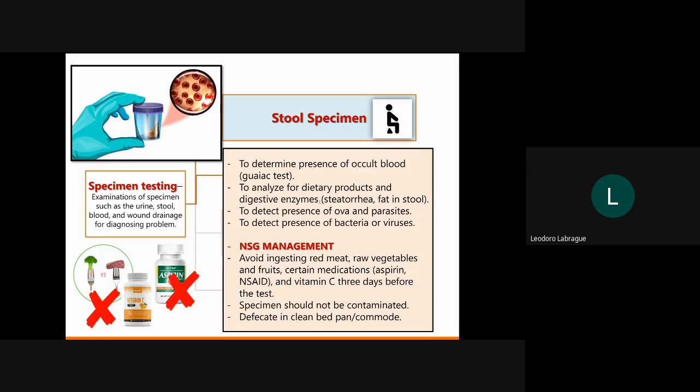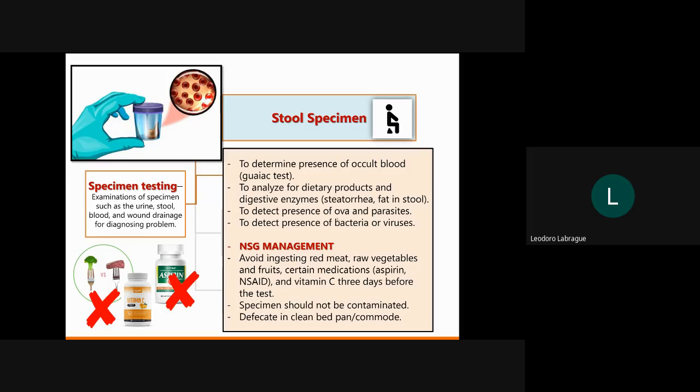This is very common. When you see some fats in the stool, that is abnormal. That means the patient cannot digest, cannot absorb the fats. And we call it steatorrhea. Is it normal? No. It is abnormal. And through stool examination, you can see that.